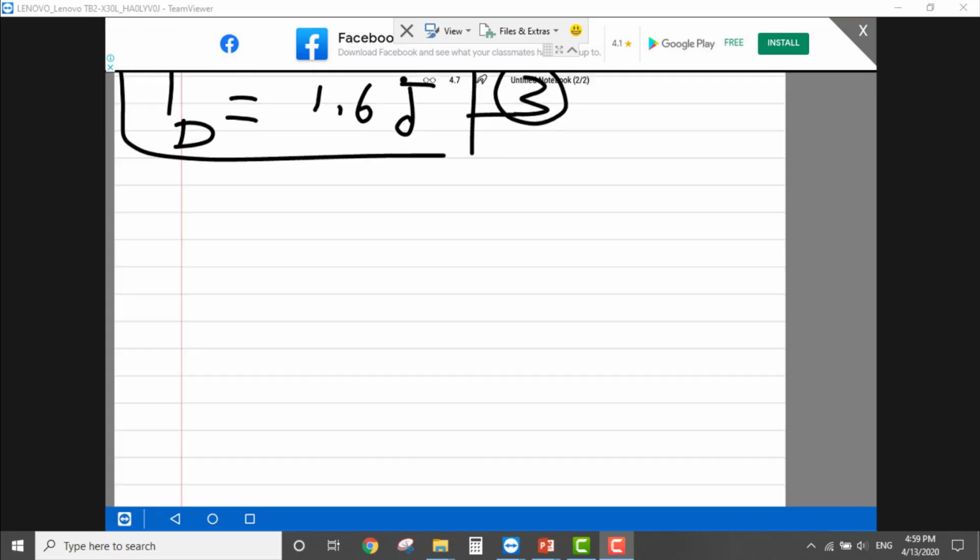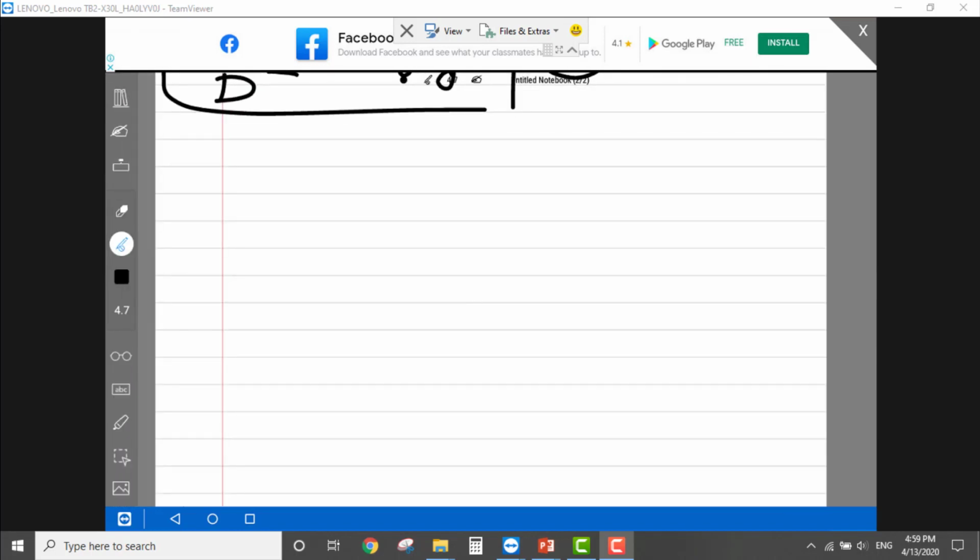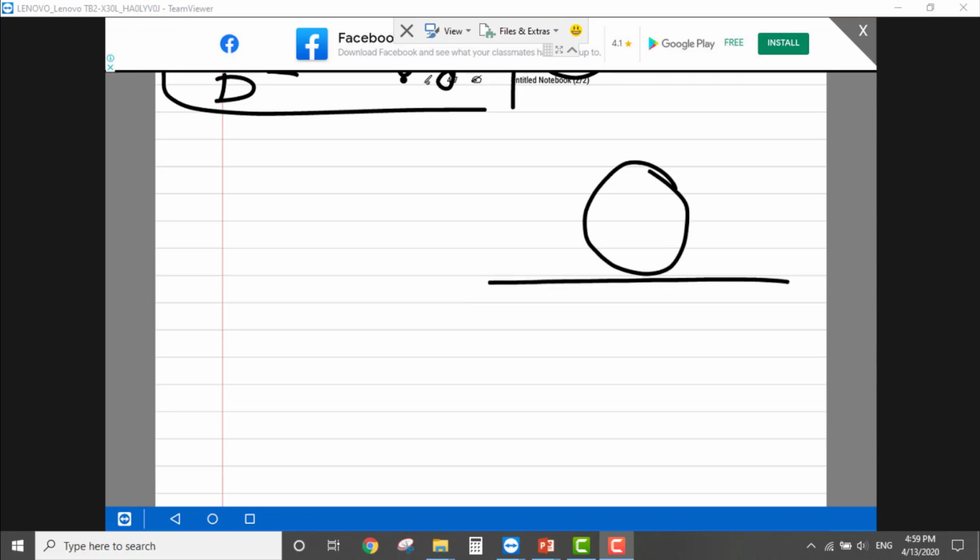Now let us proceed to the third element. The third element that we have is a cylinder that's rolling without slipping. All of them are actually without slipping, but I will concentrate mainly on this one. So here is the centroid.